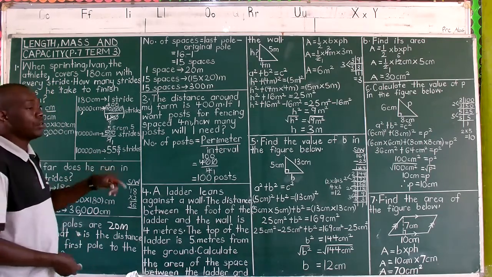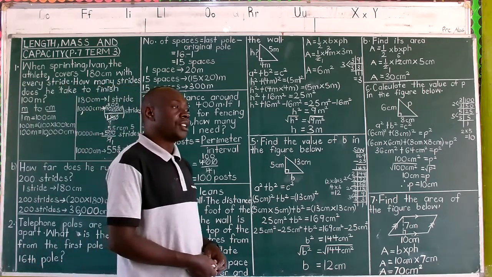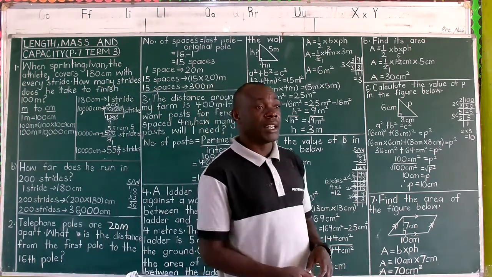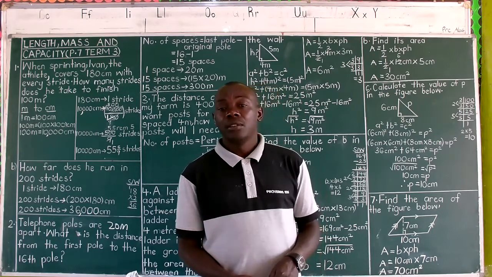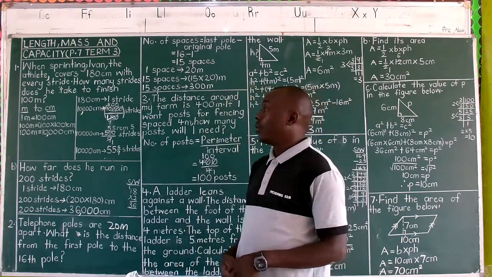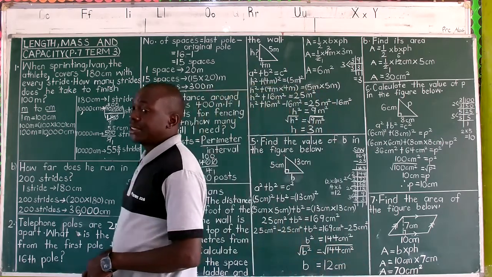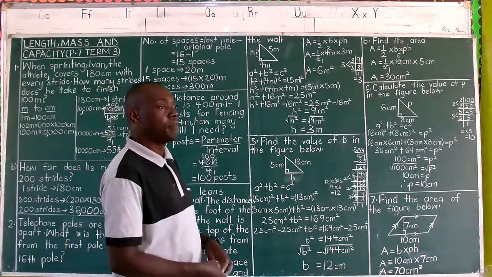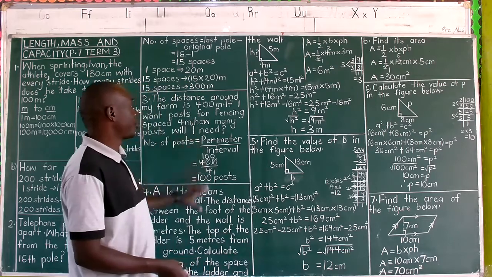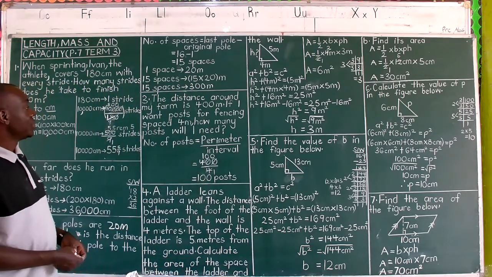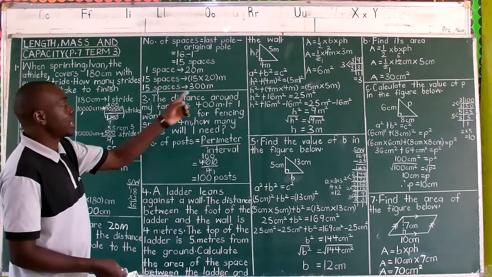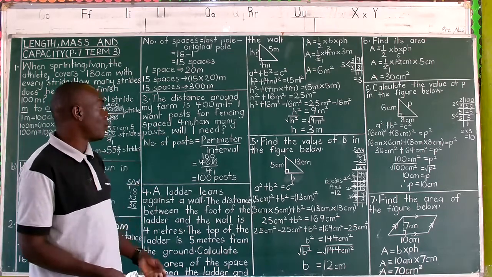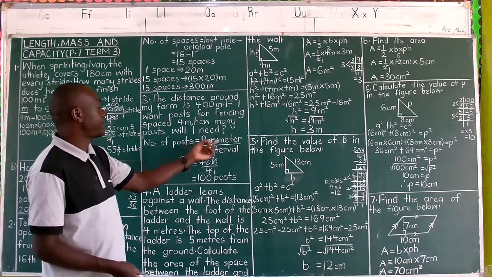Now, the distance around the farm, assuming it's not circular, it's rectangular, or it is square, or any other polygon. So the distance around any polygon is called perimeter. So this is an application of perimeter in daily life. So we say number of posts equals that distance around divided by the interval. The distance around is termed as perimeter.